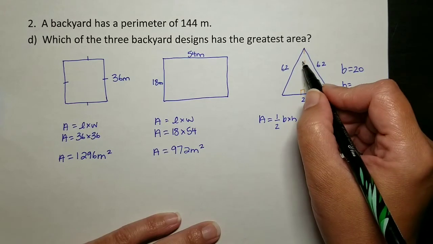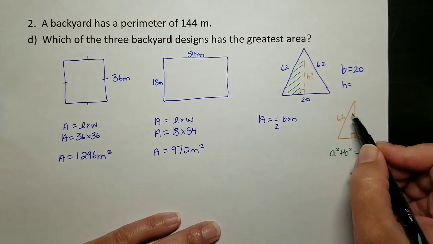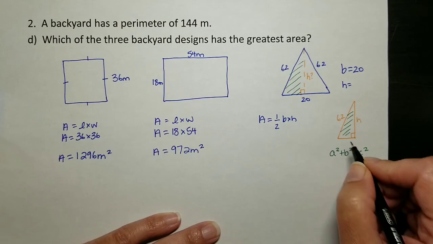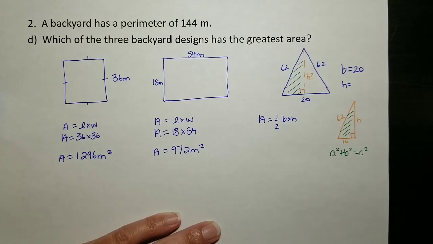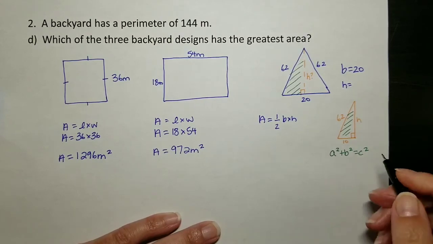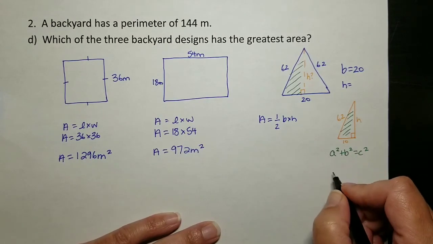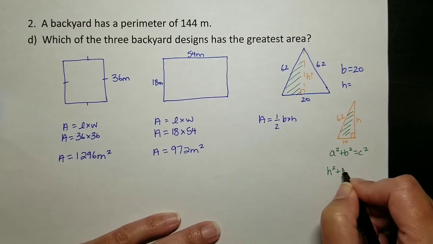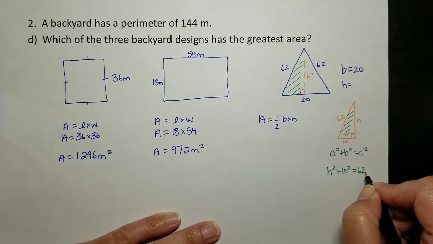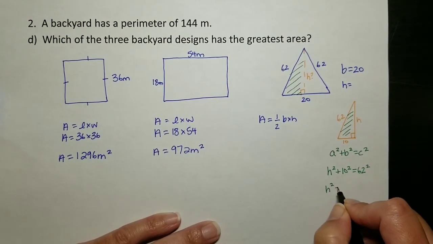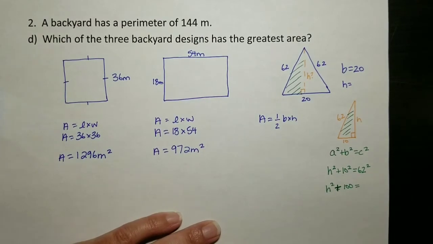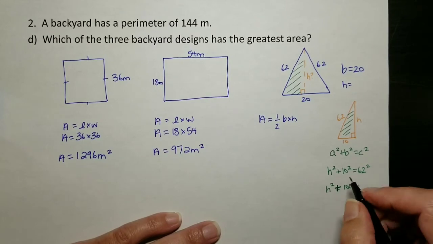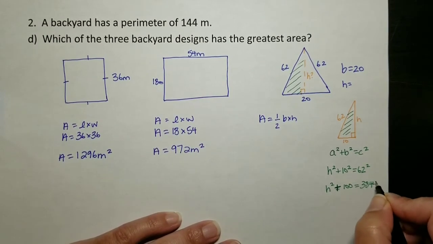Now, what would this side be here? We're looking at just this half of the triangle, aren't we? So that's not the whole 20. I'm going to use a 10. Using Pythagorean theorem here, the two shorter sides are the h and the 10. So h squared plus 10 squared equals 62 squared. And then h squared plus 100. I do not know what 62 squared is, but good thing I have a calculator. 3,844.